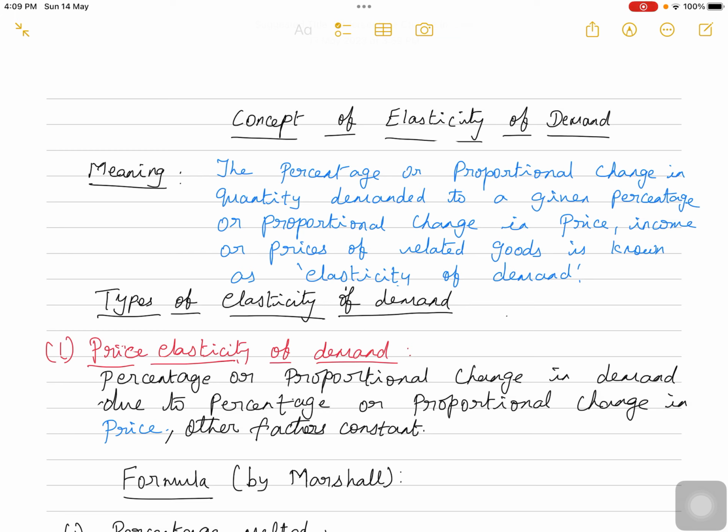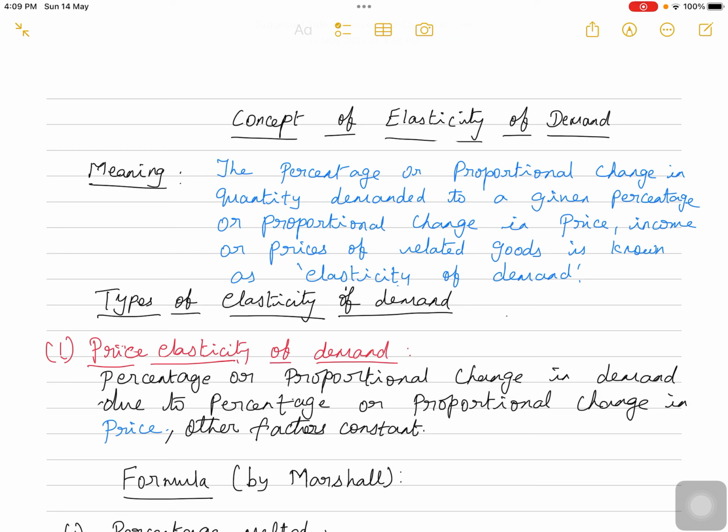But there are certain kinds we would like to purchase only when the price decreases. So if the demand is not changing that much because of the change in price, then the elasticity for that commodity or service is inelastic.